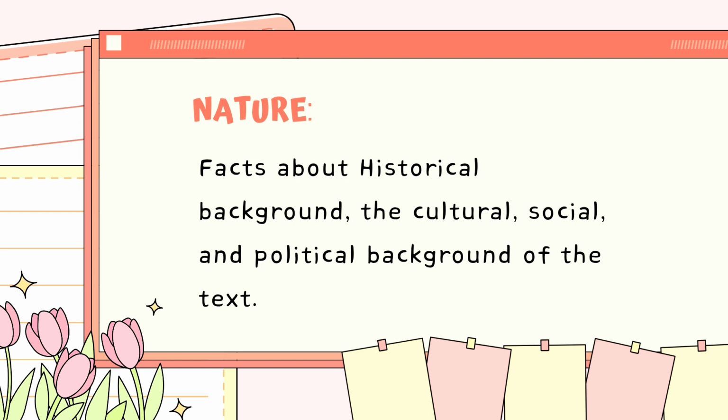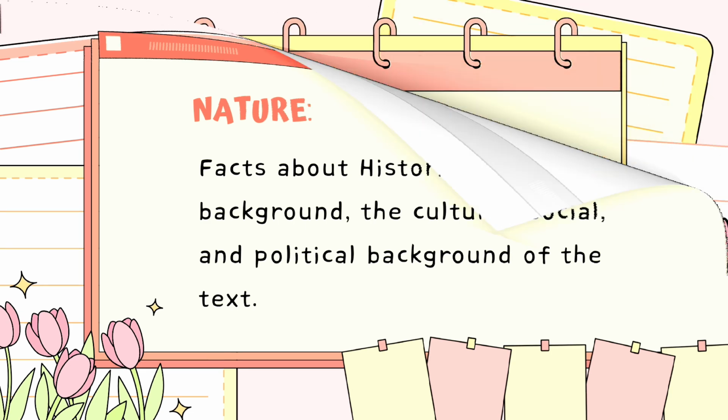How did this affect the characters' lives and the story's portrayal of society? And last, political background. What were the political systems and ideologies present? How did these influence the story's conflicts, power dynamics, and themes of justice or injustice?